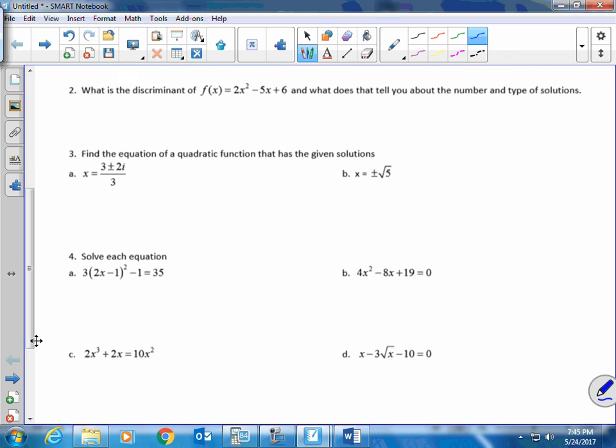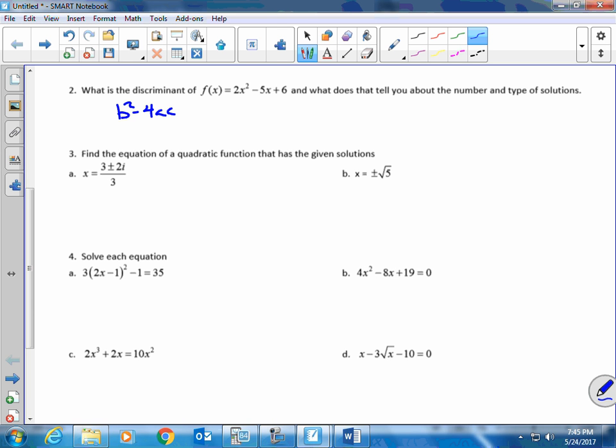What is the discriminant, and what does it tell us about the number of solutions and the type of solutions? First thing, what is my discriminant? The discriminant, remember, is b squared minus 4ac. Where'd that come from?